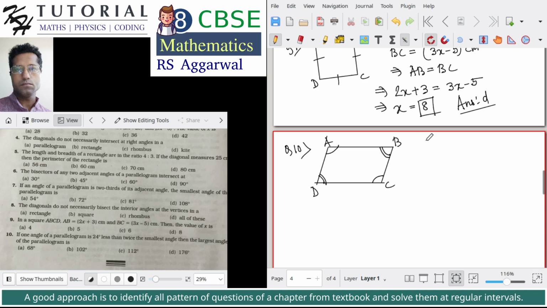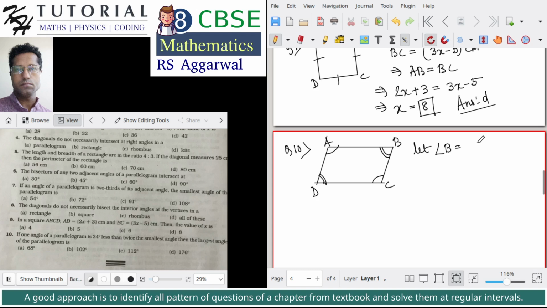So if one angle of a parallelogram is 24 degree less than twice the smallest angle, in this parallelogram the smallest angles will be B and D, and A and C will be the largest angles.